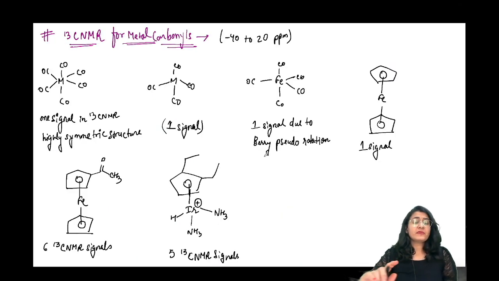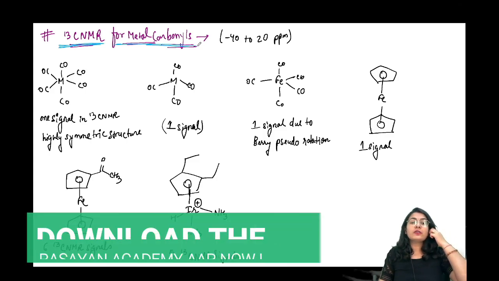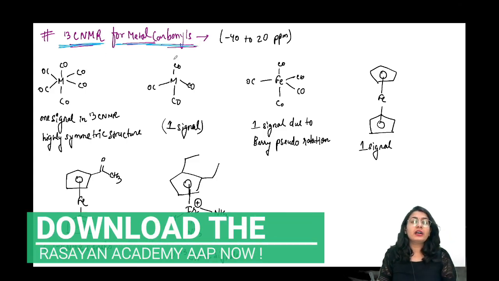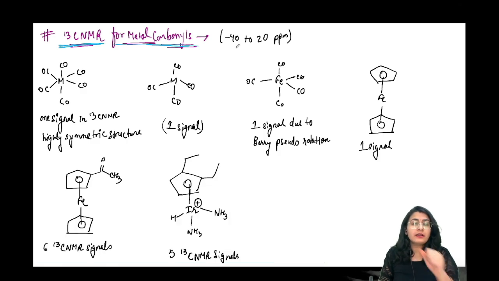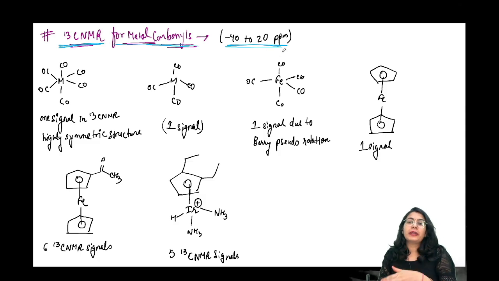Now let's also see some examples of C13 NMR for the metal carbonyls. Usually the C13 NMR of metal carbonyls, since the carbons are shielded, is going to be minus 40 to 20 ppm.